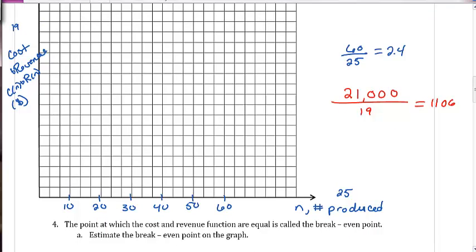So we'll keep all of this in blue. 0, 3,500, and then 7,000, and then 10,500, sorry. And then we want to go up by 3,500, so that's going to be 14,000.